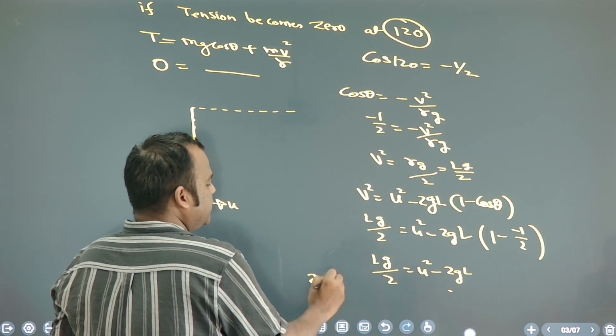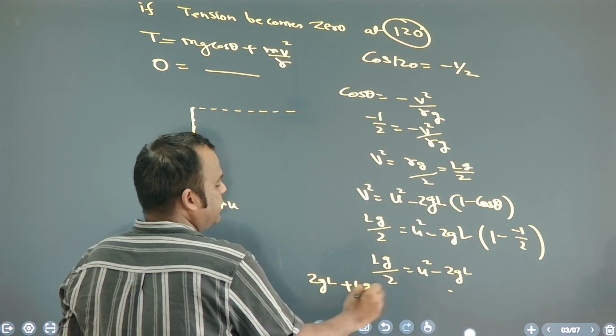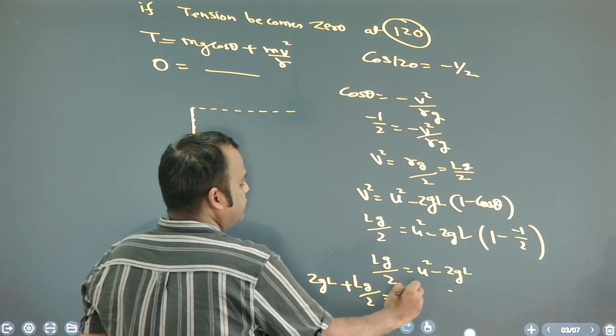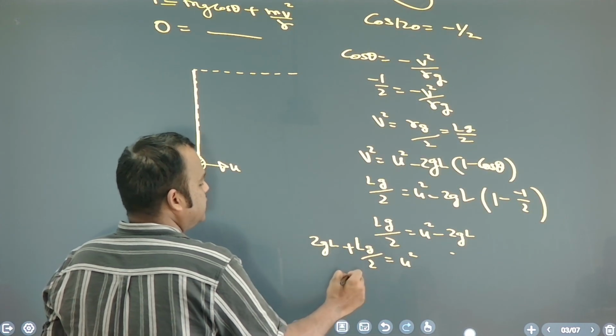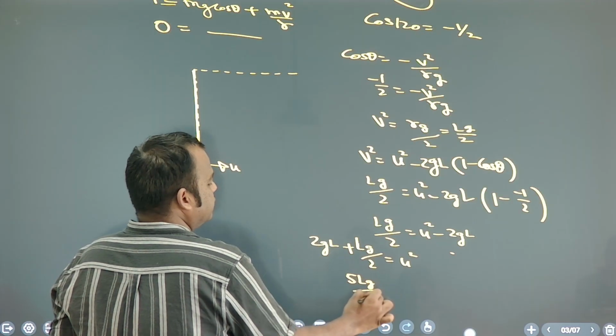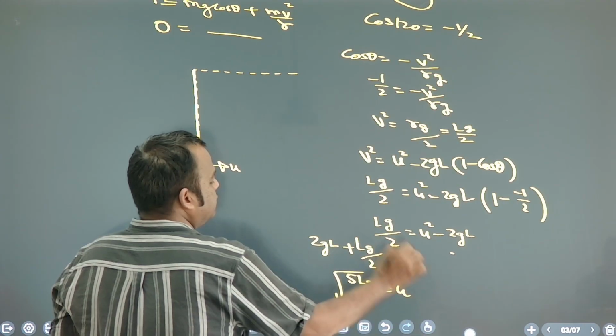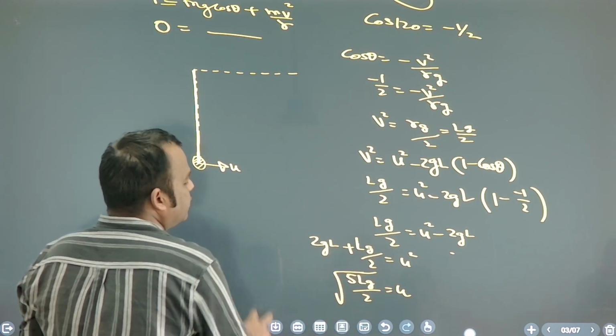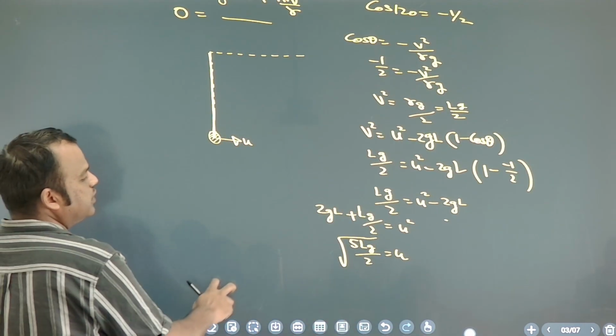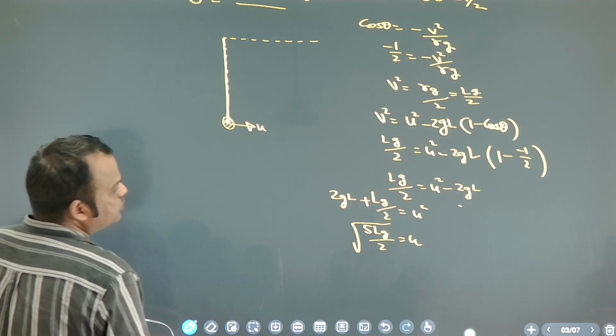So 2gl plus Lg by 2 is equal to u square. So how much? u is the square root of 5Lg by 2. This is your answer. The square root of 5gl by 2.